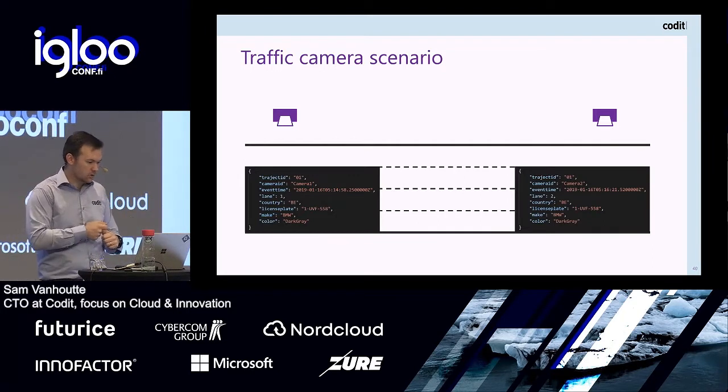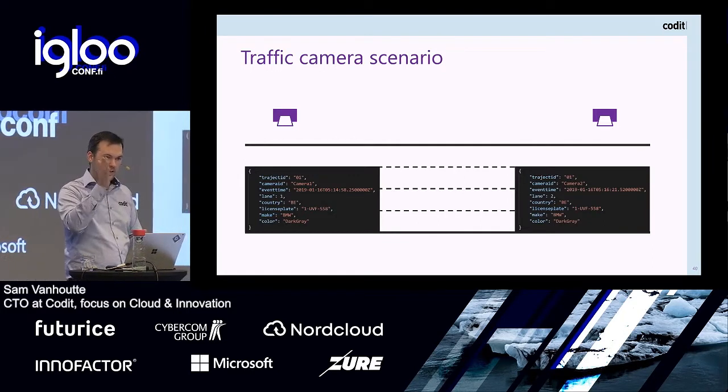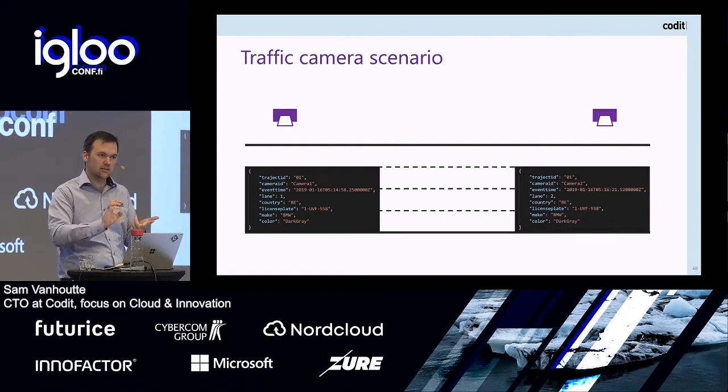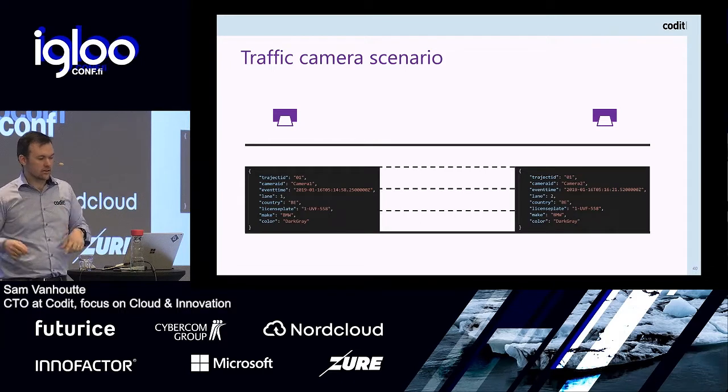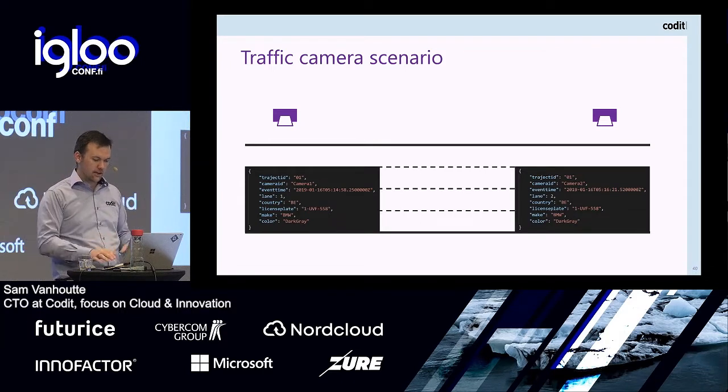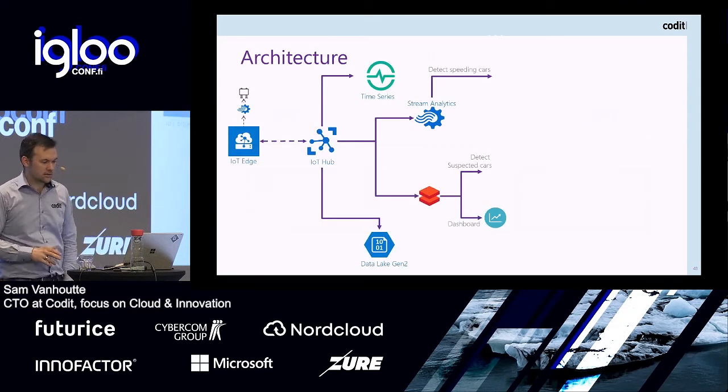The only thing I know is in which lane it was driving, what type of car it was, the license plate, of course, the make, is it a BMW versus a Jaguar, the color, and so on. And I have that at the other side. So all of that gets into IoT Hub, and that's where I want to detect which cars are speeding, okay? And that's what I do with this architecture.